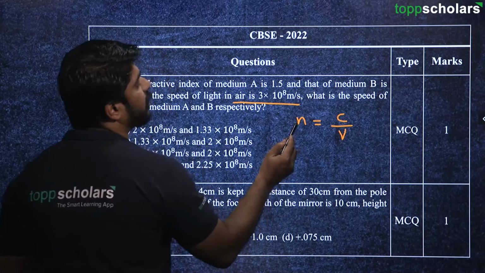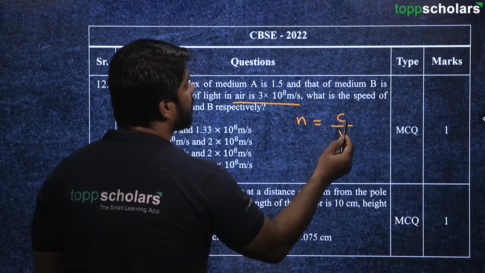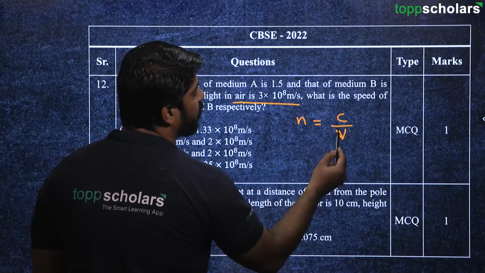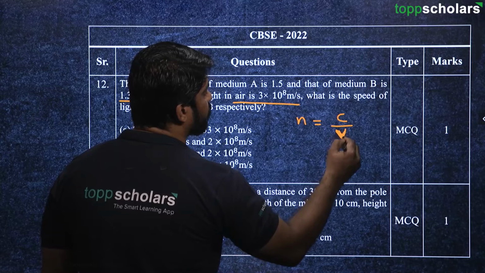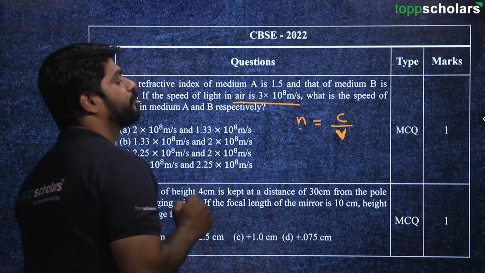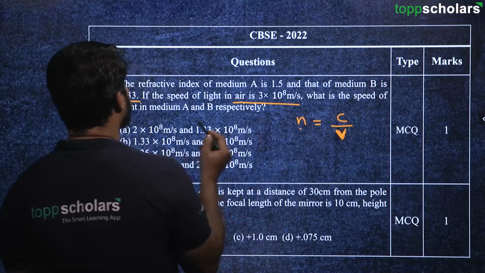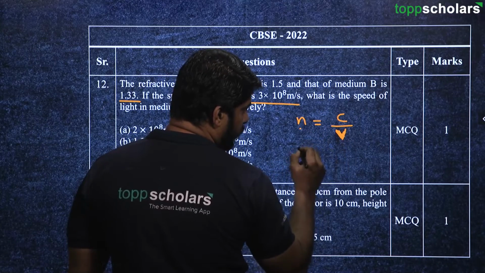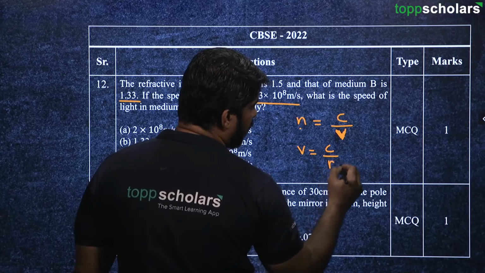That means N is the refractive index of a given medium, C is the speed of light in air or in vacuum, and V is the speed of the light in that particular medium whose refractive index is N. So from here, since we have been asked what is the speed of the light in the medium A and B, we can write here V = C/N.